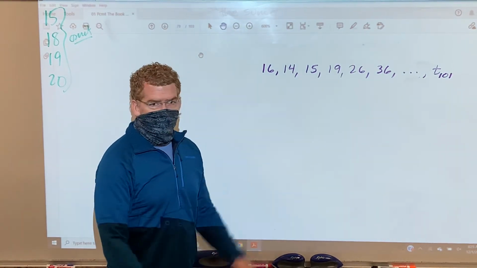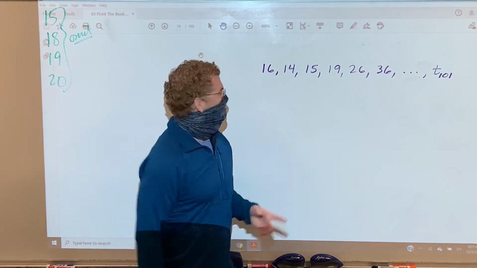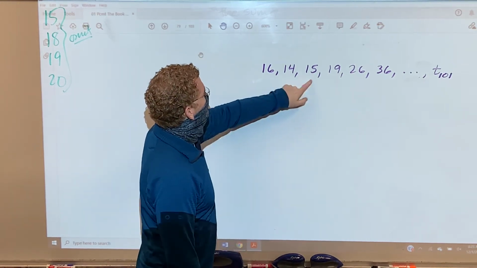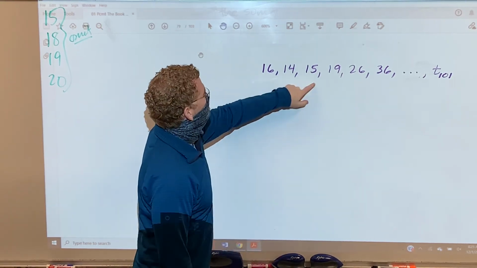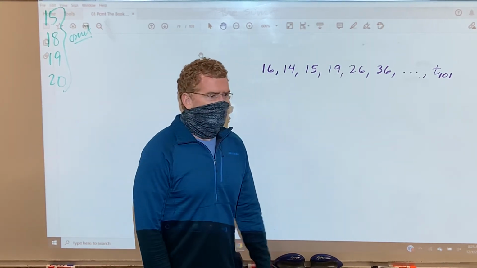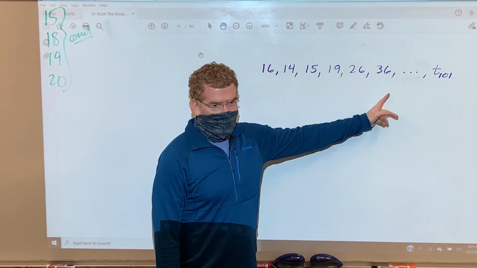So first thing you need to do, you don't know that it's quadratic, right? When I first throw it up there. Is it arithmetic? -2, +1, +4? No. Is it geometric? 14 16ths, 15 14ths? No. Is it harmonic? I don't have any idea what the common numerator would be there.